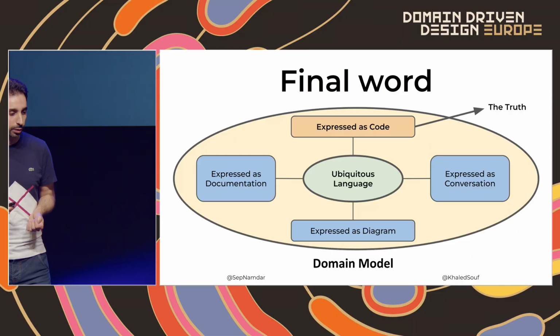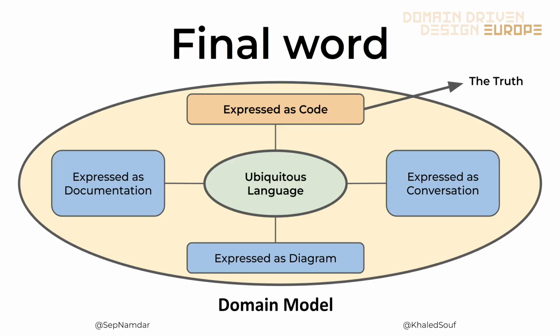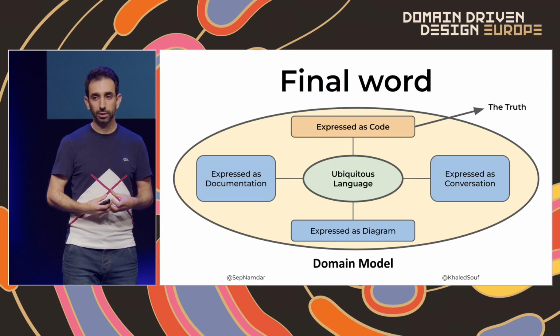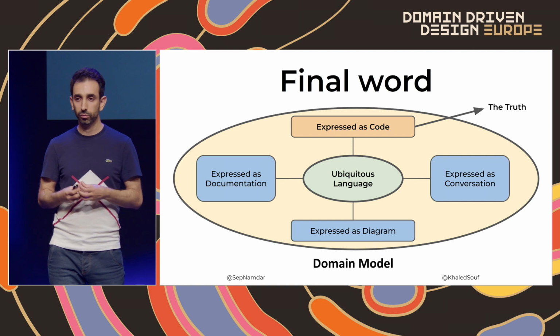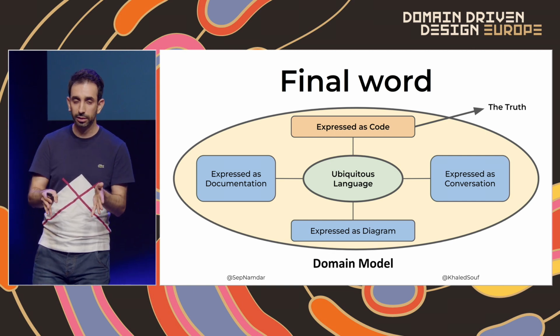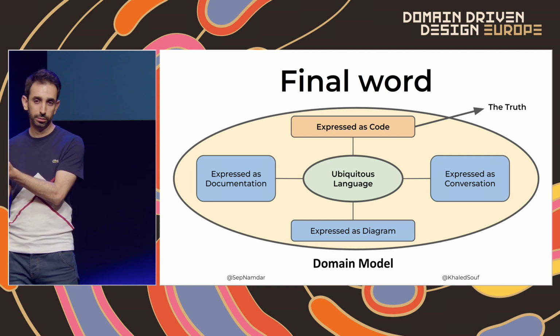So the final word is that even if in your conversations you respect all the domain terms, even if in your diagrams and documentation you use domain terms, if in your code you don't respect that, you miss all the value. Why? Because it's your code that will become a product, okay?